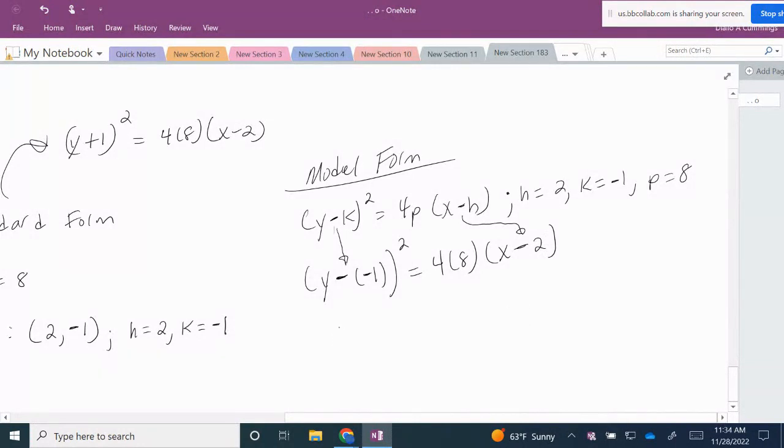Now if I simplify, I get y plus 1 quantity squared is equal to 32 times x minus 2, which is the same thing that we have here.